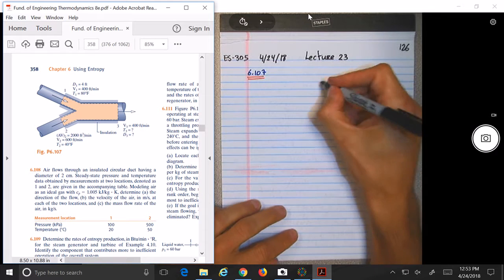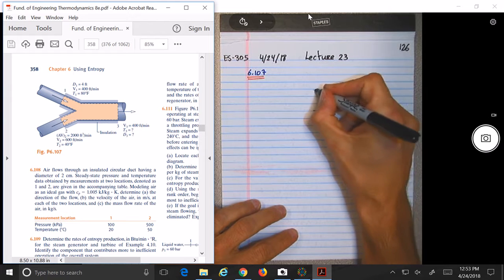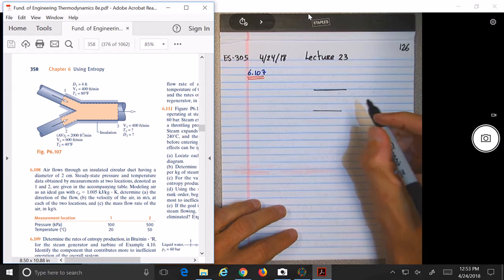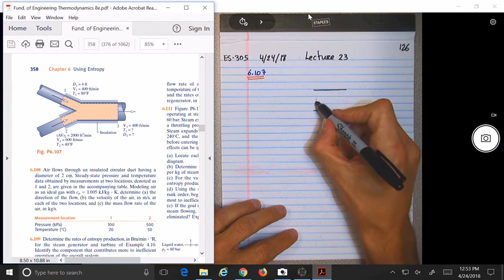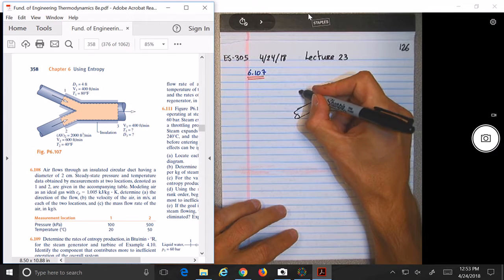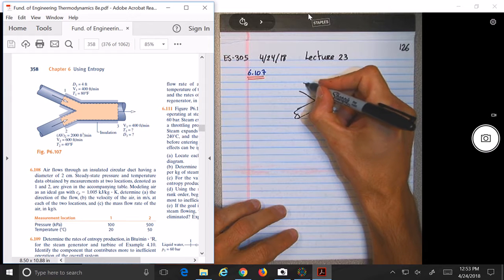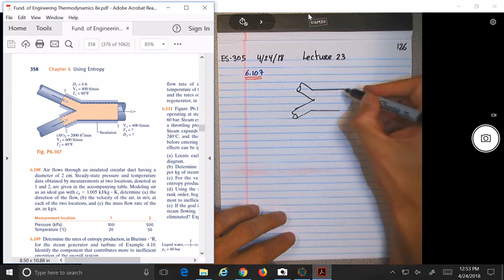So it looks like there is one pipe that is connected to two other pipes.